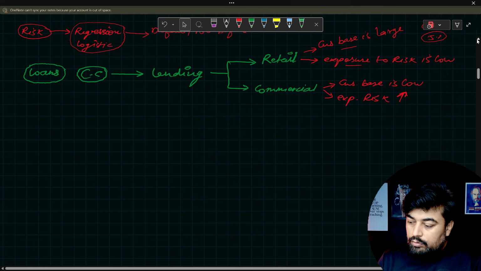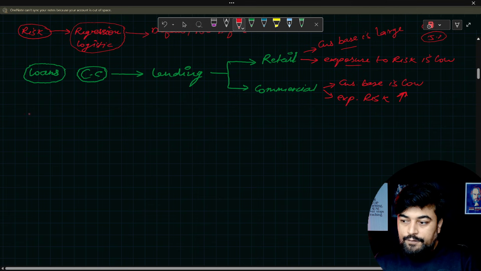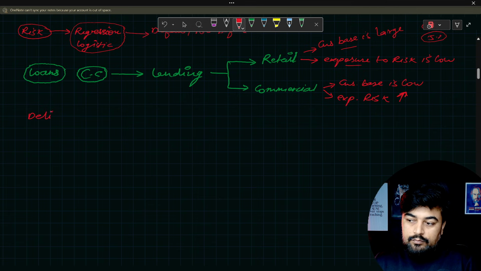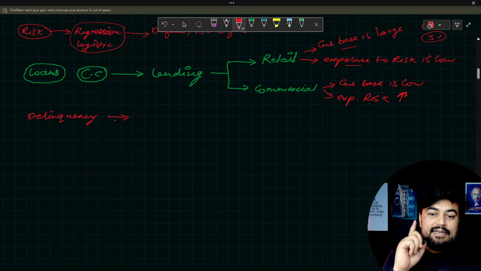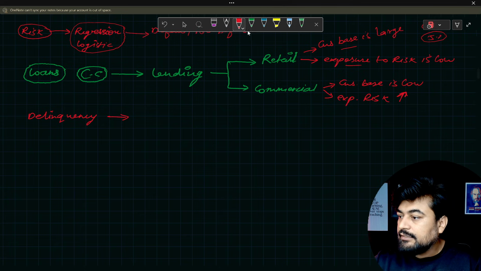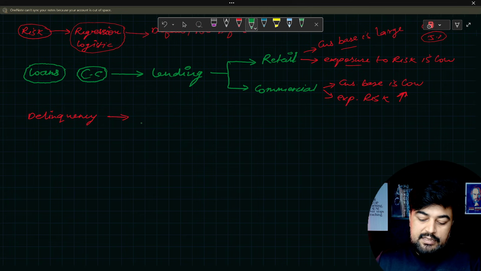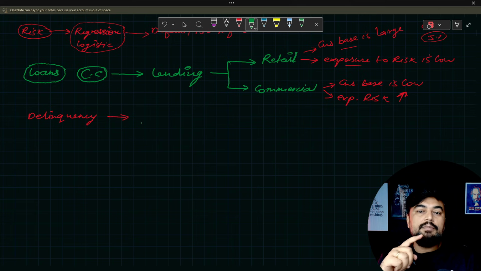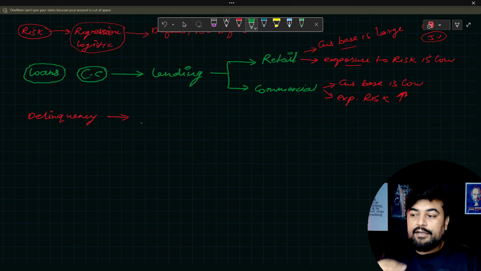Now there is a concept of delinquency. We call it delinquency. Now, what is delinquency? And there is a difference between delinquency and a bad customer, so you should know that. Delinquency means if a customer is not able to pay the money for a particular month, that is a delinquent customer.